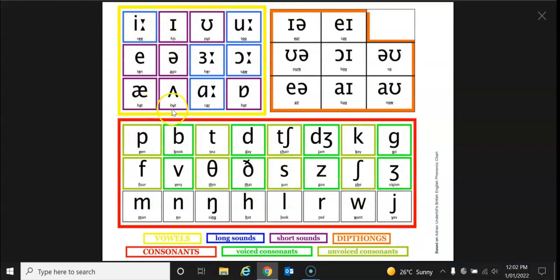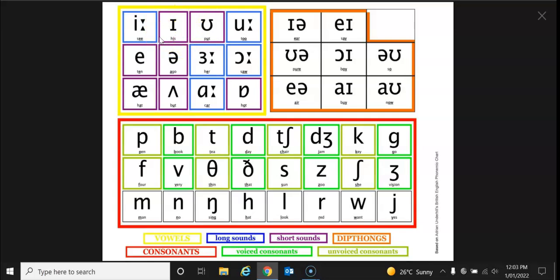Now this section here that is within the yellow box, these symbols are the vowel sounds of English. The ones in a blue square are the long vowel sounds. These other ones in a purple square are short vowel sounds.